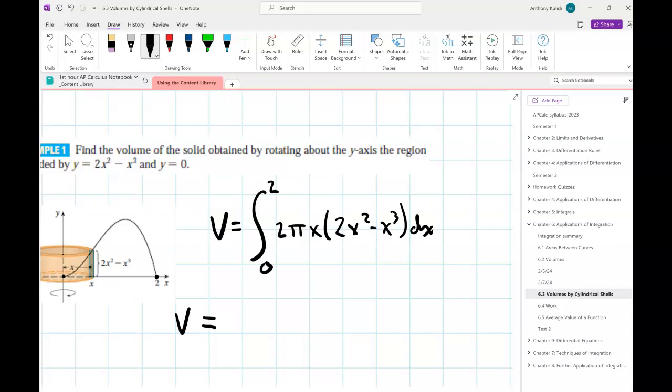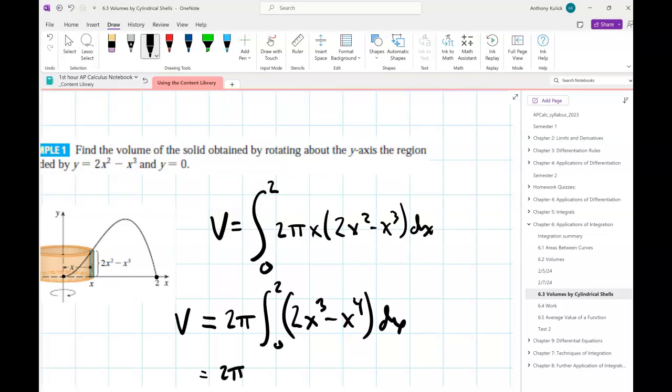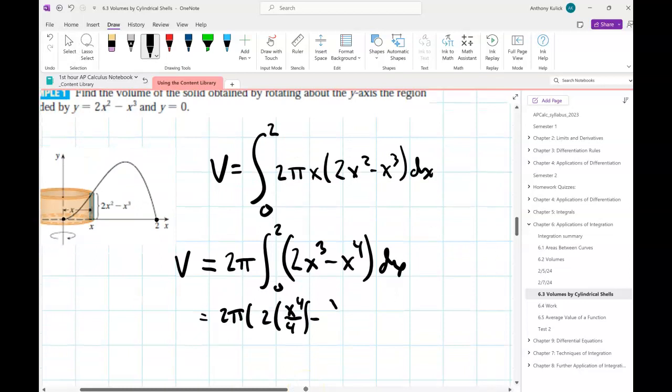So to integrate this, what are we going to have to do? Yeah, I would distribute the x through, right? And I'll pull the 2 pi out front. So that's going to be 2x to the 4th over 4 minus x to the 5th over 5 from 0 to 2.